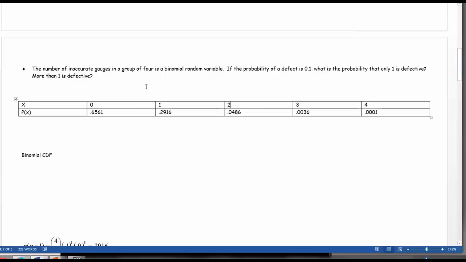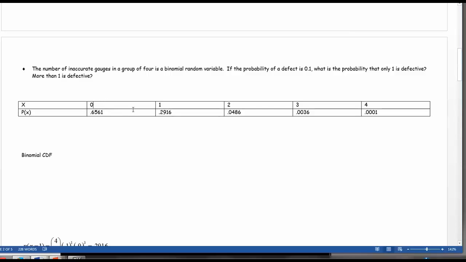Okay, so what a binomial CDF does is it measures things in terms of less than. So in other words, it asked me more than 1. I don't have the ability to type in, start at 1 and go all the way up to 4. I have to think about it in terms of less than. So more than 1 is anything less than or equal to 1 that I want to subtract.